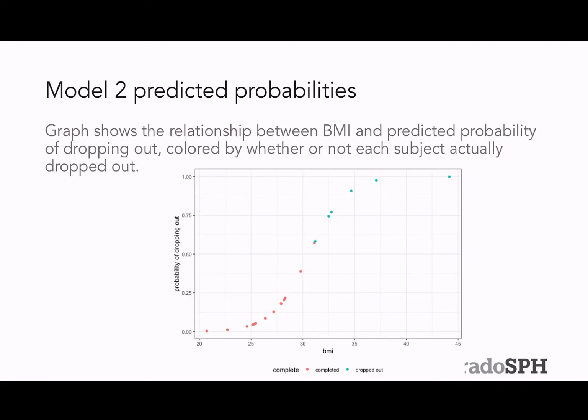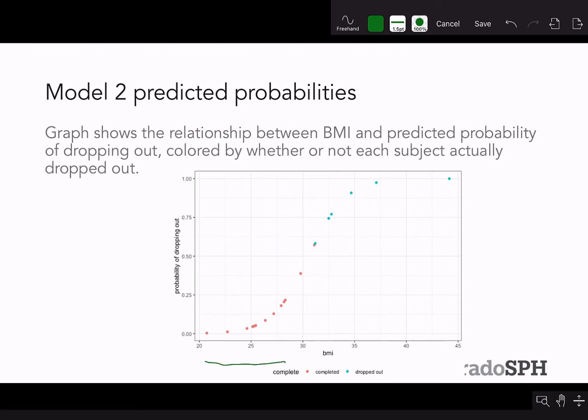So I also plotted the predicted probabilities for this model. And here you can see that having a low BMI indicates a low probability of dropping out, and having a higher BMI indicates a higher probability of dropping out. And you might think about if you drew the threshold at 0.5 here to decide y hat, then this person who completed the study would be misclassified as having dropped out.